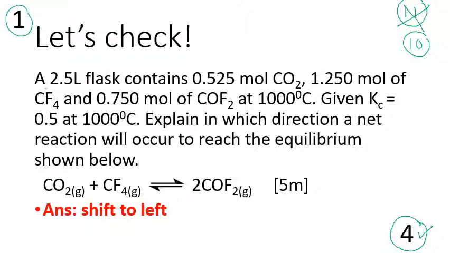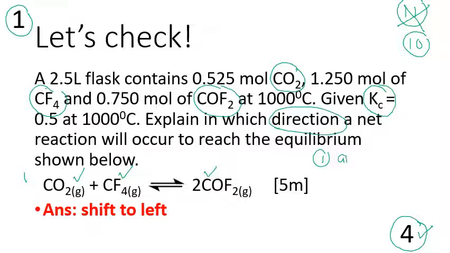Okay, look at this question. Why do we choose the 4th type? Moles for CO2, CF4, COF2 are given. All the species are here. You are given the Kc value, and the question asks us to look for the direction. So basically there are these 2 criteria: information for all species is given, and they ask for the direction.